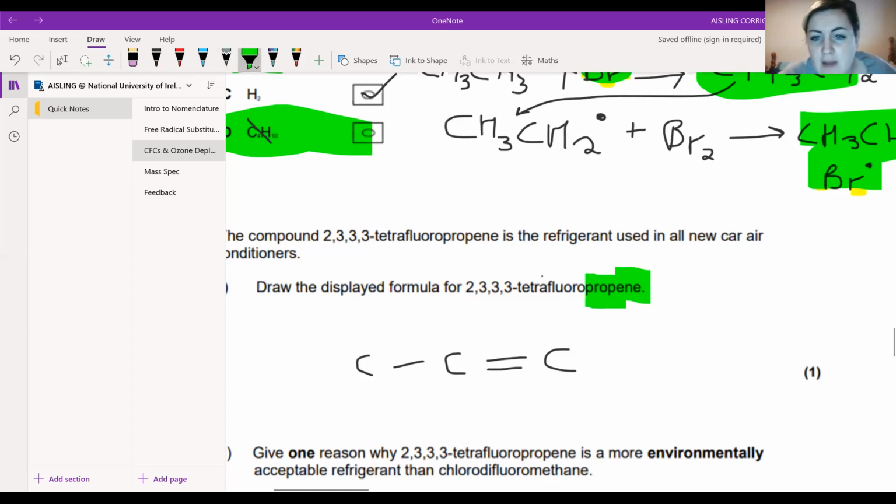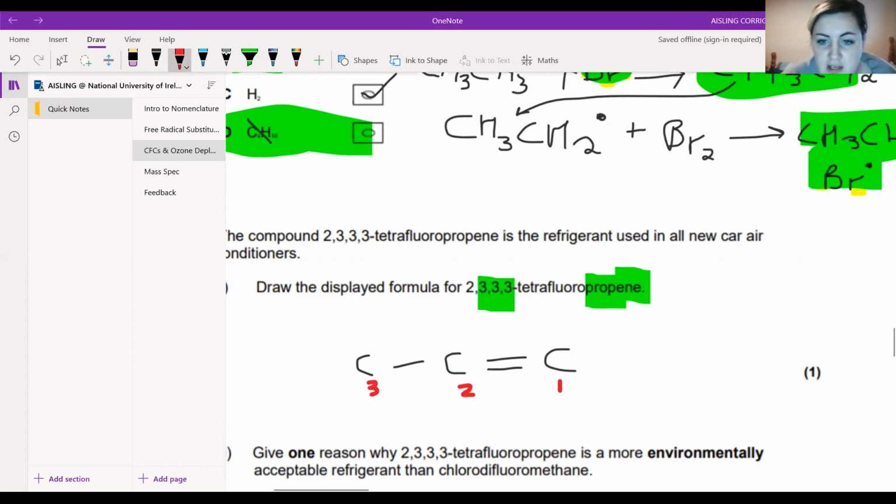So now I want to look at my fluoro. So I've got tetrafluoro. I've got 4 fluorines around here somewhere. And these numbers here are going to tell me which carbon these 4 fluorines are on. So I've got 3 fluorines on the 3rd carbon. All right, so my numbering, obviously, this is going to be my number 1 carbon, number 2, number 3.